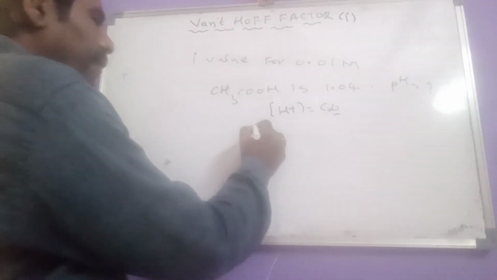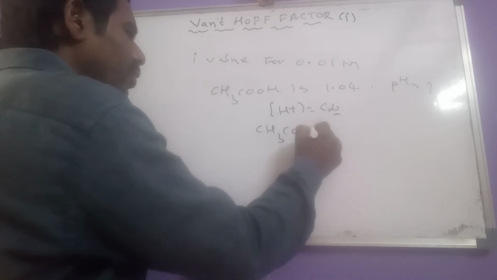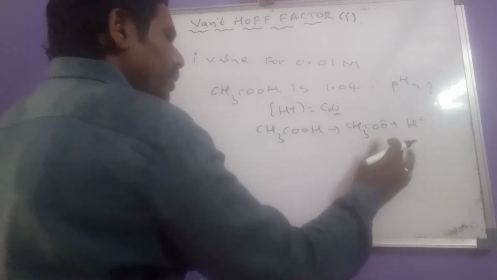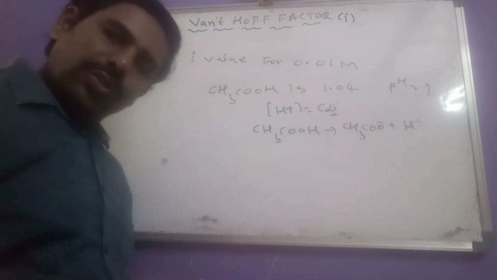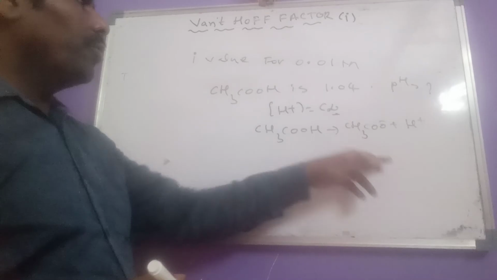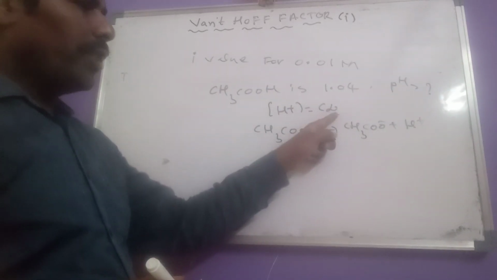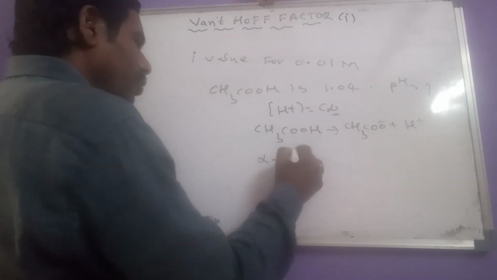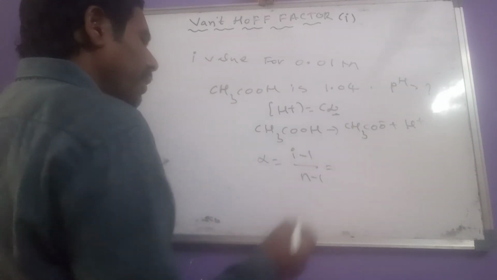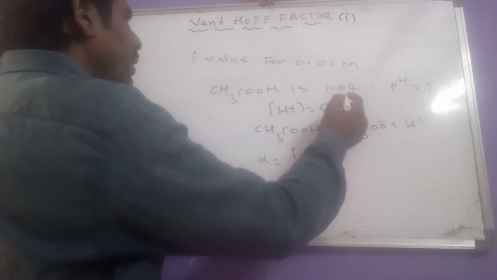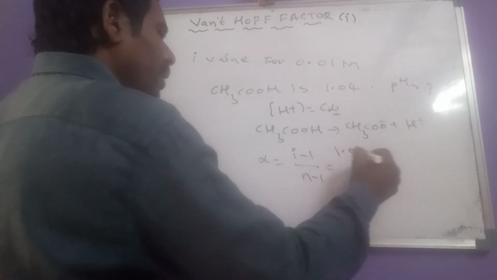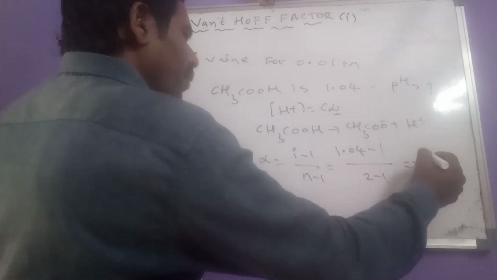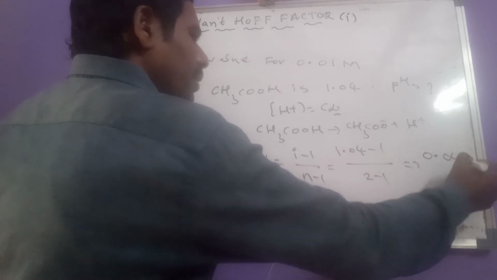So now if acetic acid undergoes dissociation, we get acetate ion and H plus ions. So what is the n value? 2. So by using the n value and i value, we determine the alpha value. So alpha equals (i minus 1) by (n minus 1). What is the i value here? 1.04 minus 1 divided by 2 minus 1. So what can we get? 0.04.